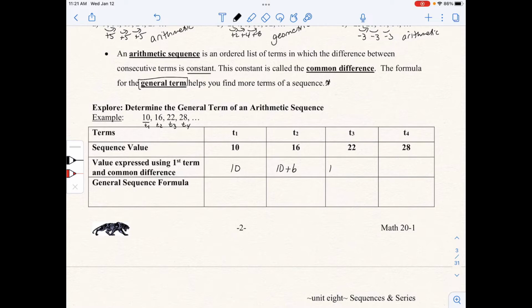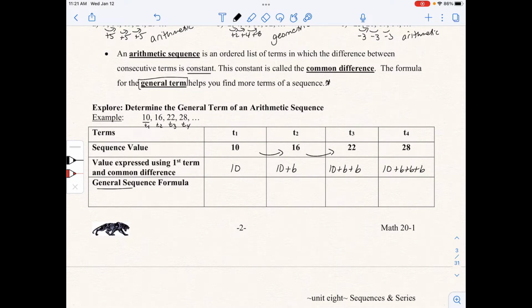And if I wanted to express 22 in terms of the first term and the common difference, I would be doing 10 plus 6 plus 6, right? We're adding 6 to get 16, we're adding another 6 to get 22, and 28 with respect to the first term would be 10 plus 6 plus 6 plus 6.